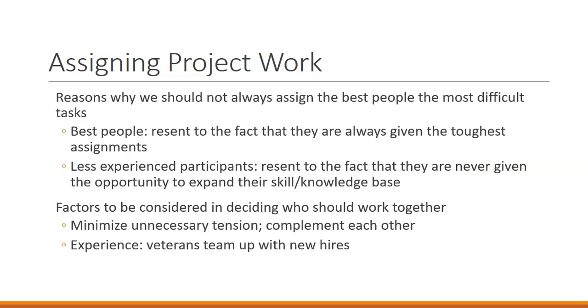Another factor to consider when you're pairing people up in project work is what skills complement each other. What kind of things work well together? For example, my husband is a web developer and he works on a project team for web development and he writes code.